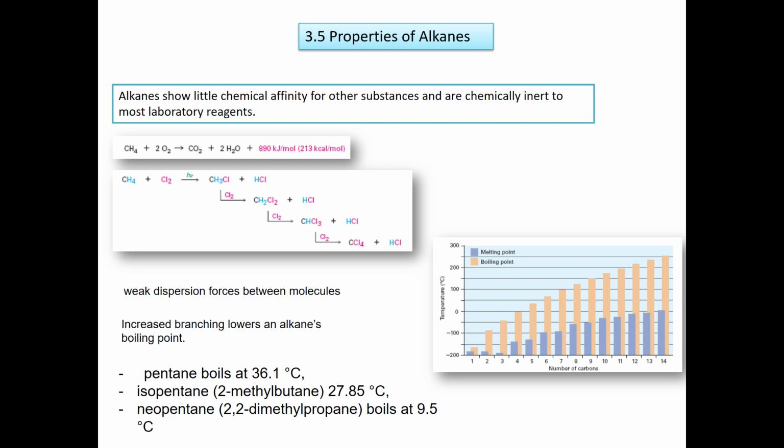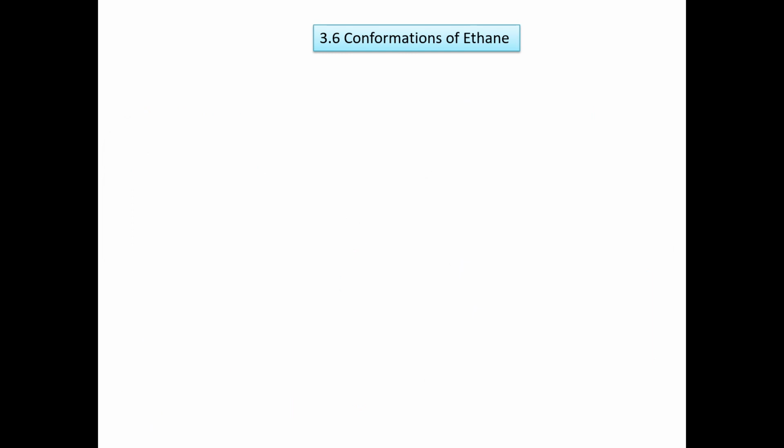The more branched it is, the lower the boiling point. Why? Because simply the volume is smaller. The more volume an alkane has, the more induced dipoles can be created, and the stronger the interaction force will be.